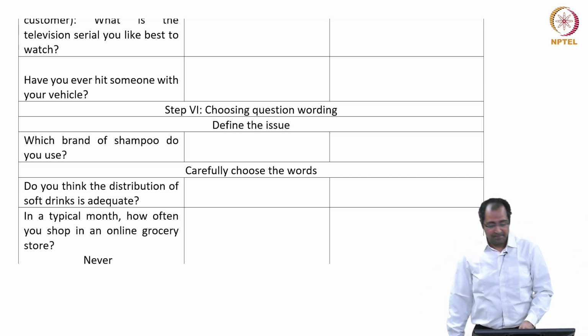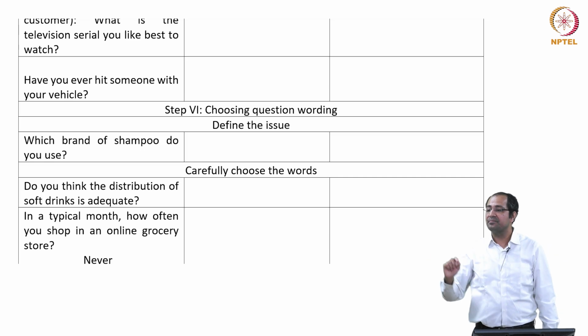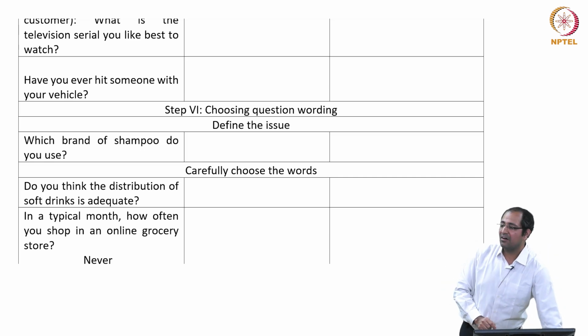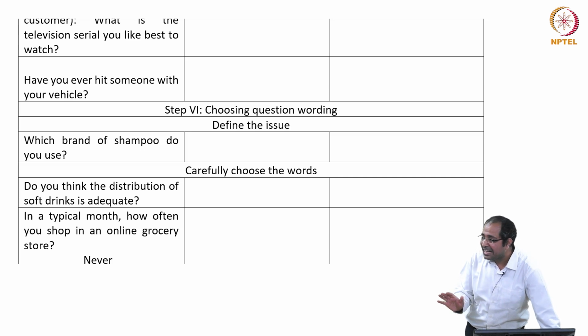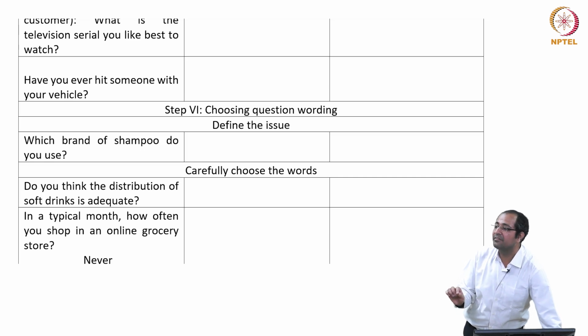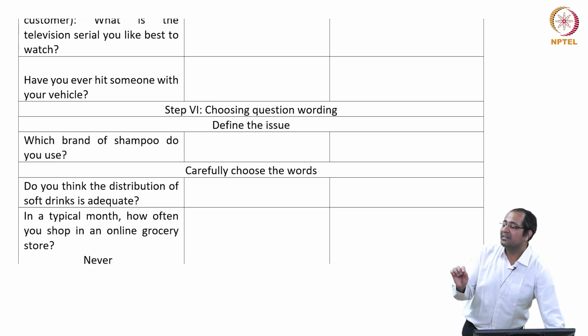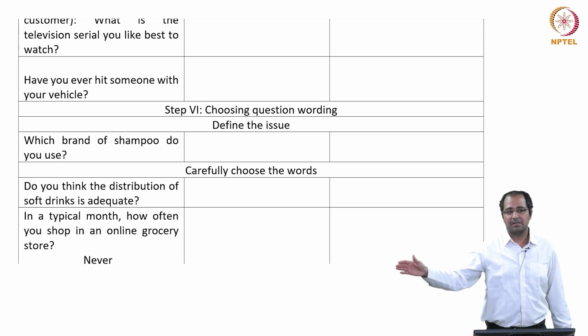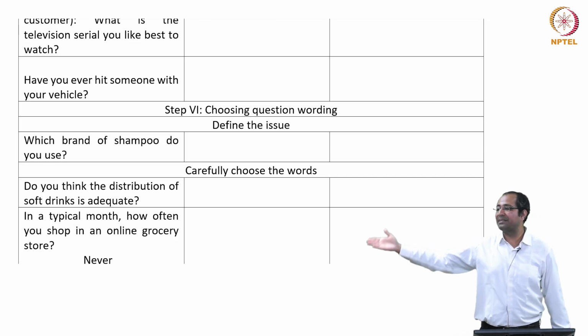One way is to say that in a recent survey it was observed that 80% of the drivers having a license have hit someone at least once after they obtained the license.